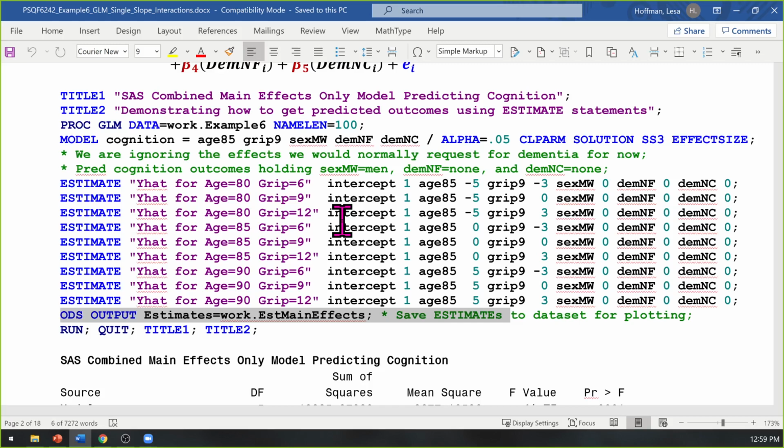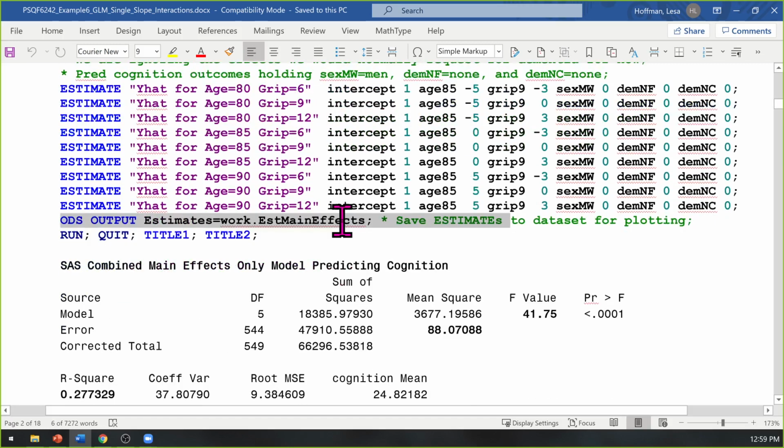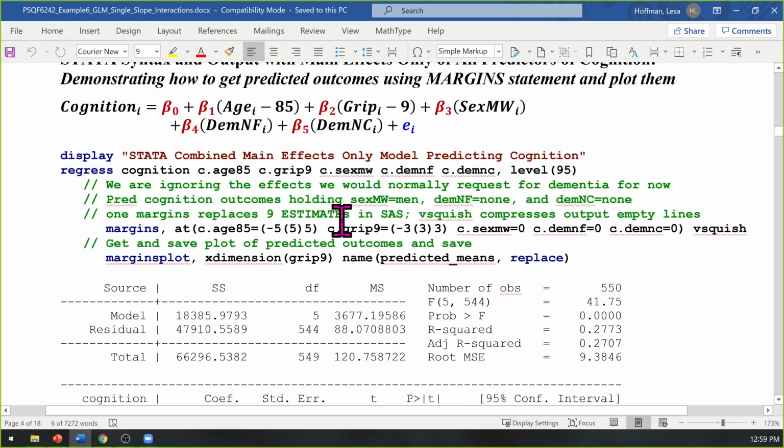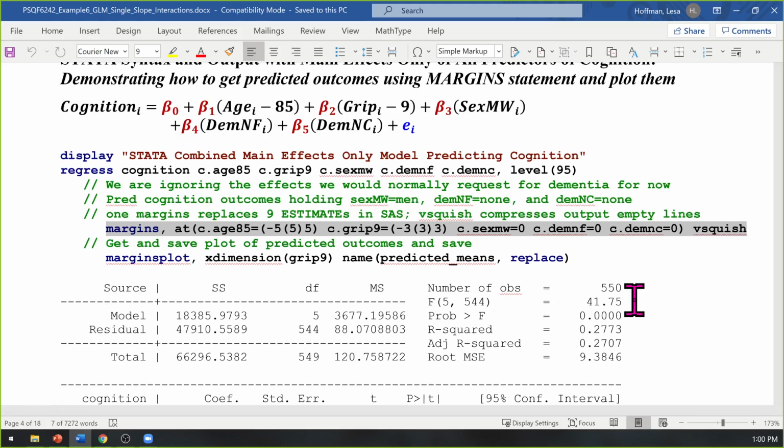Okay. So let me skip ahead for a minute here and get to the Stata code that goes with it. Because those of you who've learned Stata are going to love this part. That line right there, that's 9 lines of SAS code. I wish SAS had this.